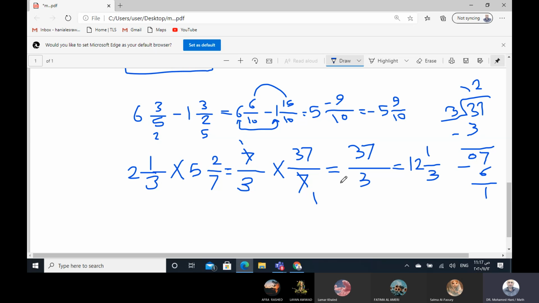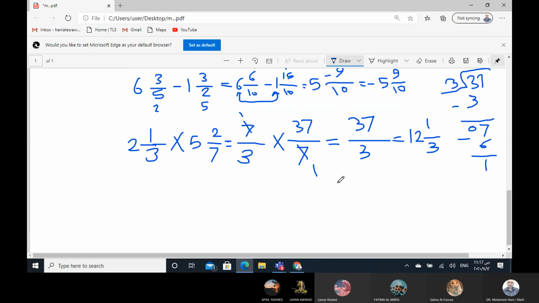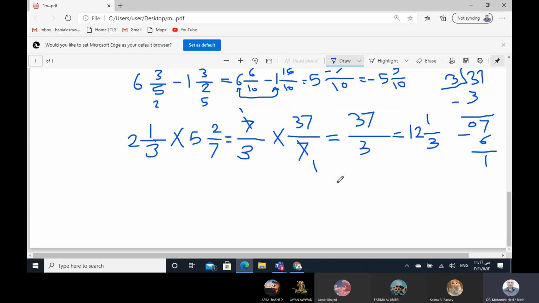Who has any question here? Okay, the last example, if we have 3 and 1 over 5 divided by 2 over 9. You have 2 minutes, please. Try to solve this problem.